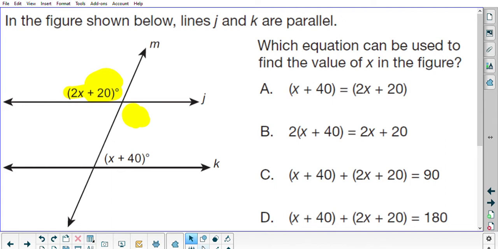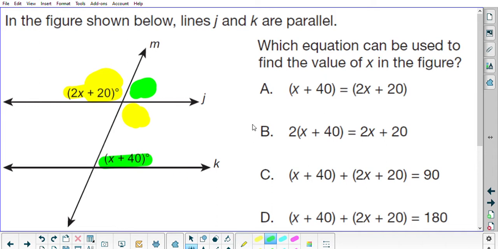In fact, the x plus 40 would be congruent to this angle up here. They would be a pair of corresponding angles. Well, I'm pretty much proving to you that the 2x plus 20 is not congruent to the x plus 40.